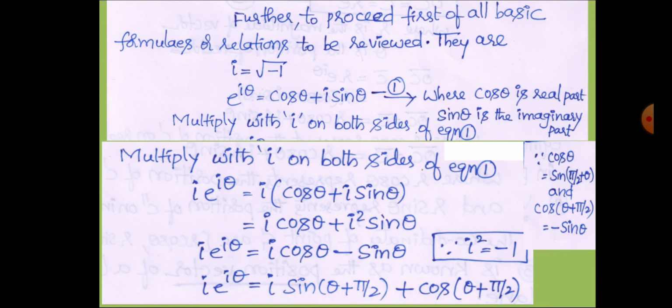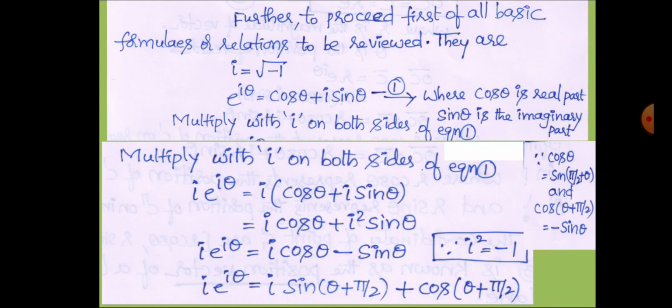And one more is e power i theta, which can be written as cos theta plus i sin theta. That you call equation 1. In equation 1, on the right hand side, cos theta is the real part because it has only a magnitude, and sin theta is the imaginary part.